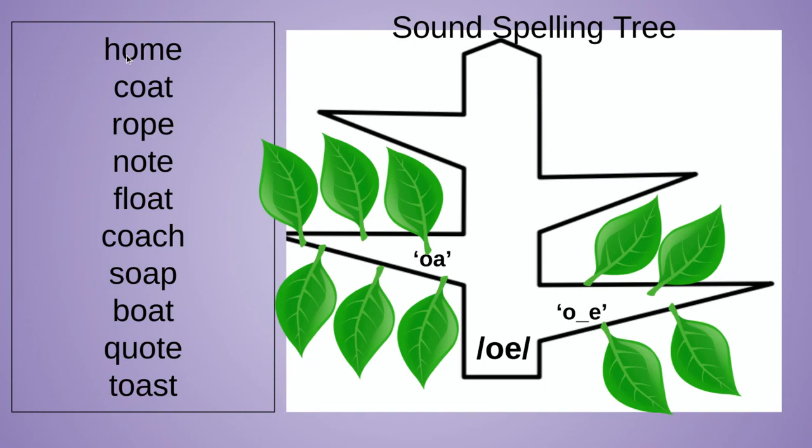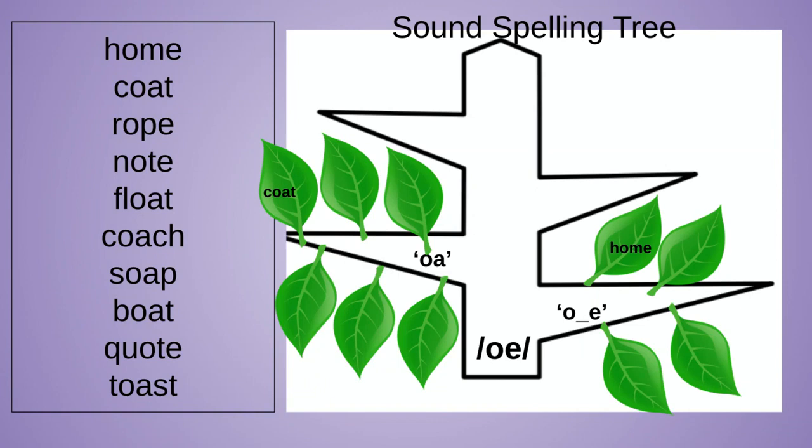Let's look at our first word, home. It is written H-O-M-E. O consonant E. Then we have coat, C-O-A-T, and there's O-A. So it's going to go on our O-A branch, and our O consonant E for home is going to go on the O consonant E branch.